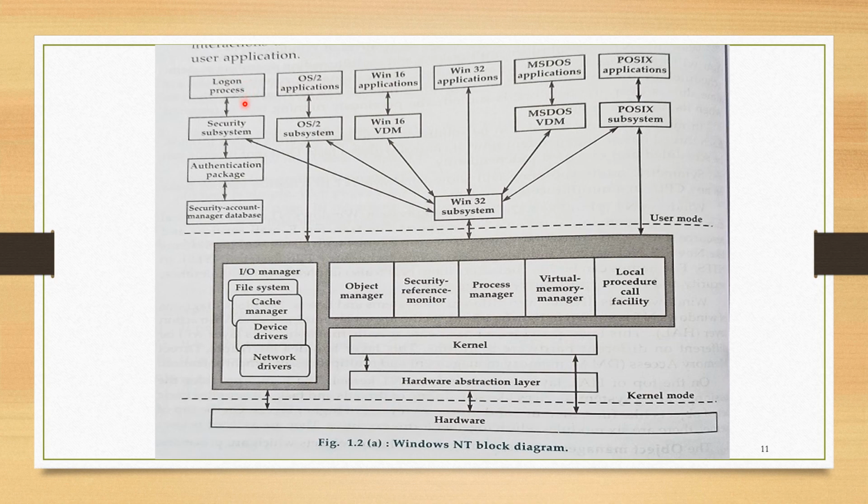Now here is the login procedure. When you log in, that goes through the security subsystem, authentication package, then the security account database. So this is the block diagram, I mean the pictorial display of Windows NT, how it functions.